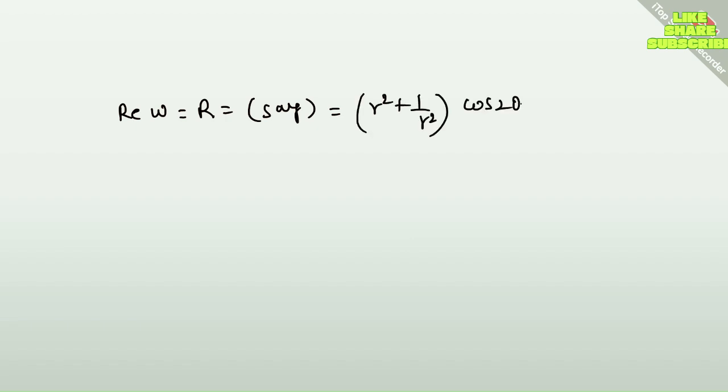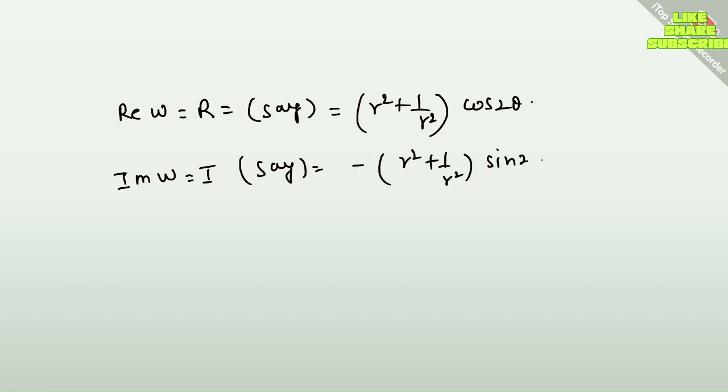Now the real part of W, say R, is equal to R square plus 1 over R square cos 2 theta, and the imaginary part of W, say I, is equal to negative of R square plus 1 over R square sin 2 theta.